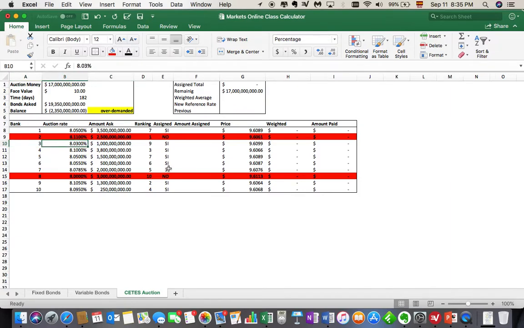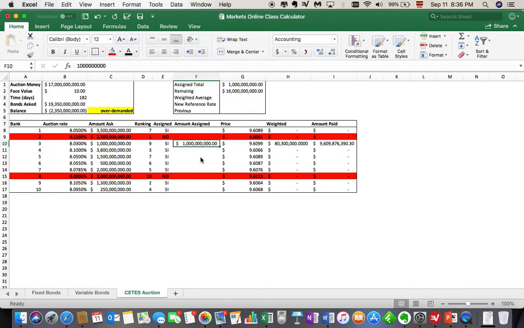This bank is just offering 8.03%, okay, and Banxico is going to give it to them. So if he has this money, 1,000 million, and Banxico is offering 17,000 million, then we have enough money to give it to this bank. So I'm gonna put here in amount assigned 1,000 million.